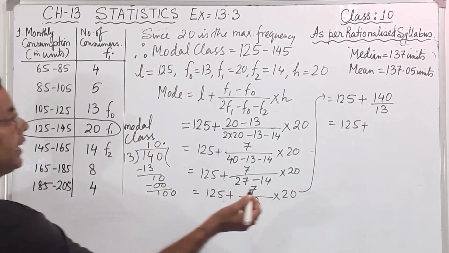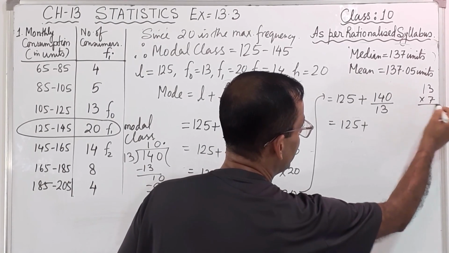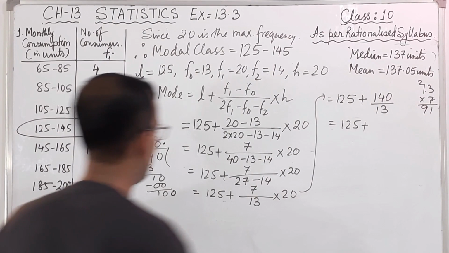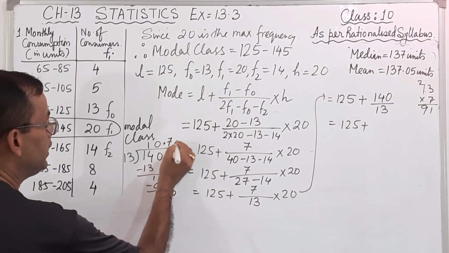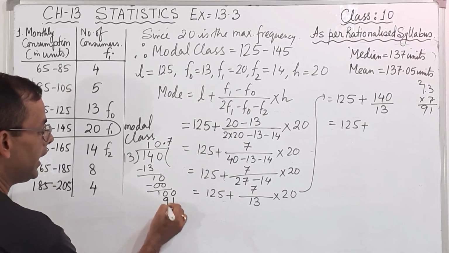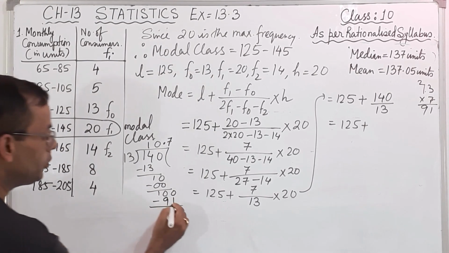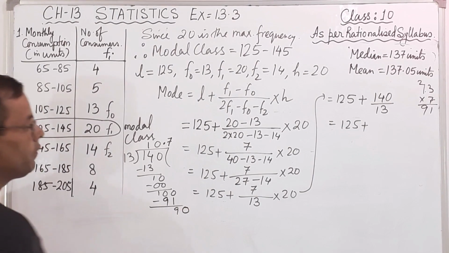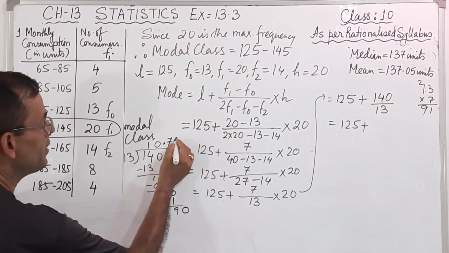Let us see 13 into 7. 7 3s are 21, 7 1s are 7, 8, 9. So 91 is closer to 100. 9 is left. Then again I can give 0. 13 7s are 91. So it will go with 6.